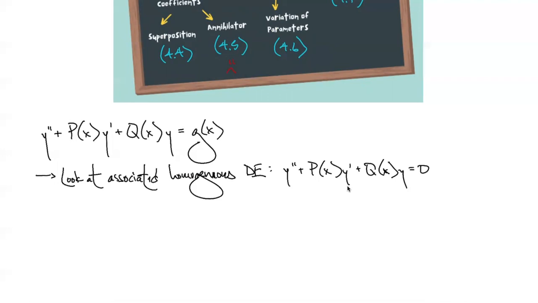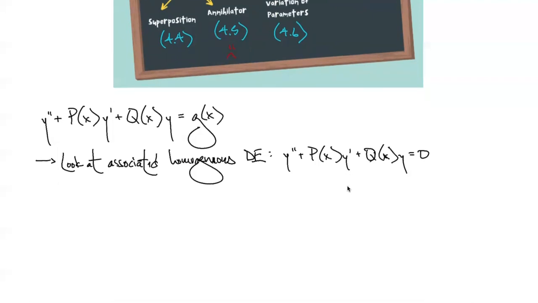All right, so all those skills that we learned last week are going to come into play to help us figure out the first part of a non-homogeneous differential equation, okay? So we're going to look at that homogeneous differential equation and we're going to see what solutions it has, all right?